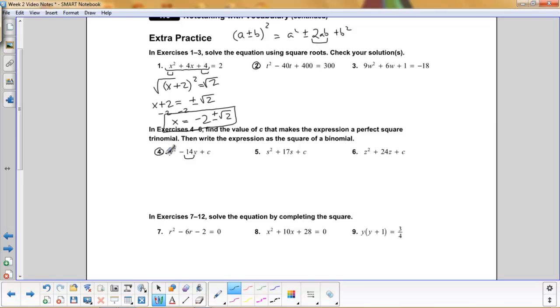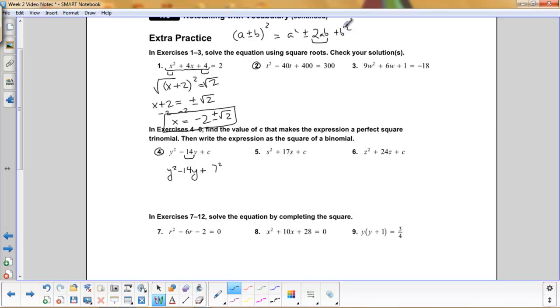I don't quite know what c is yet, but I'm going to figure that out by using a little bit of logical reasoning. If 2 times b is 14, that means that 14 divided by 2 will give me b. So I'm going to do that in my head, and I get y squared minus 14y plus 7 squared. Because remember, b squared is my last term.